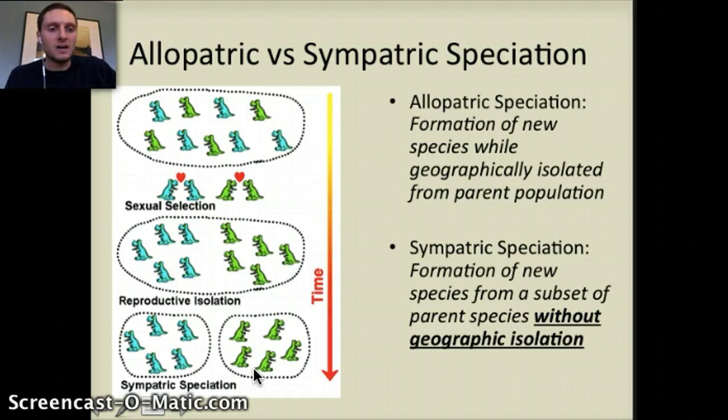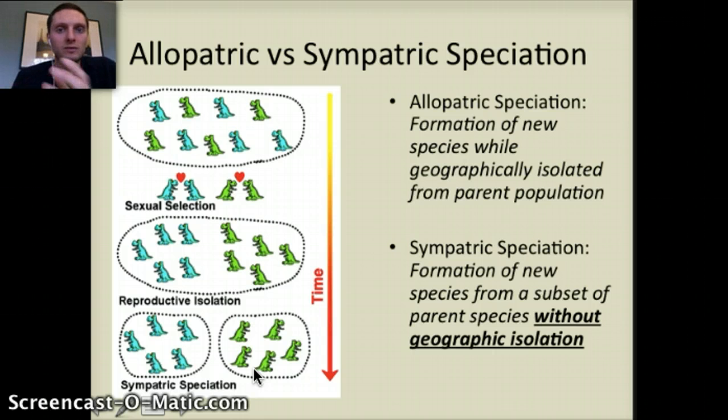And this can also be caused by polyploidy, which usually happens in plants, but we'll talk about it a little bit more in a minute. Another cause is temporal isolation, in which rather than there being some sort of geographic isolation separating individuals within the population, it's a difference in timing of when they're actually reproducing. And sexual selection, as we mentioned. A great example of this in nature is the different cichlid fish in Lake Victoria in Africa.